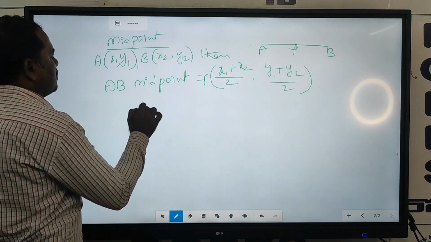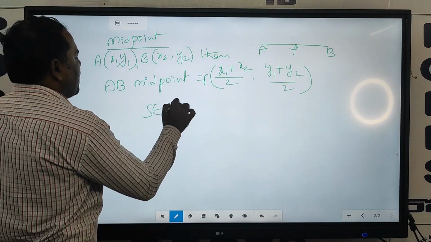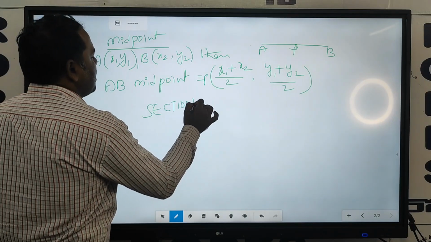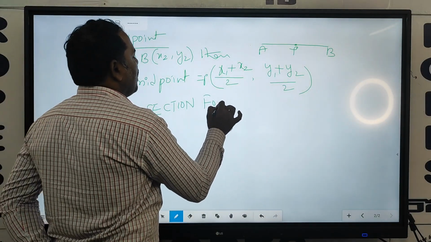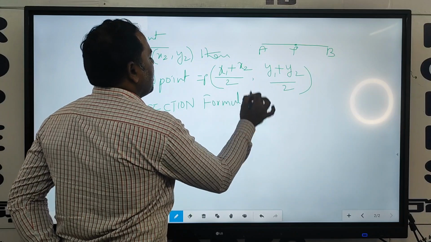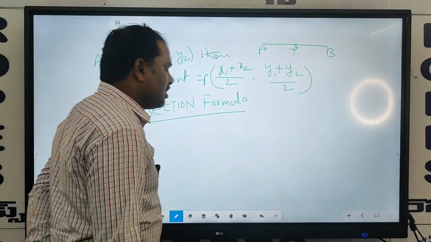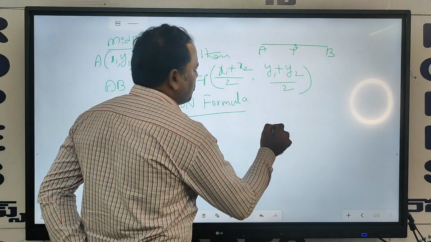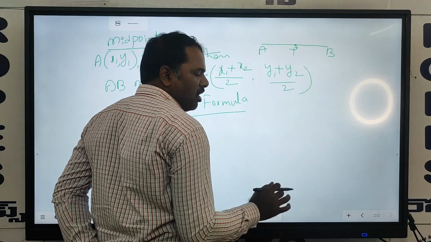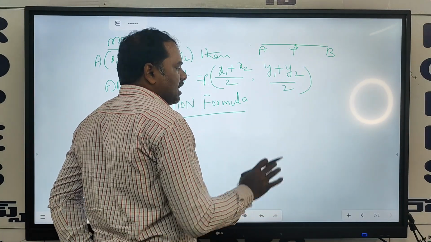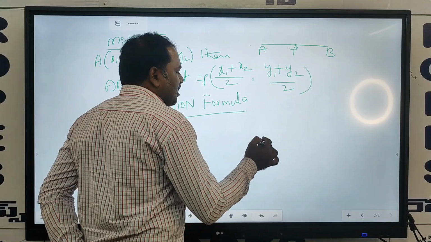Okay, right. Next, the section formula. It is very important. See here, I am doing it simply, as per the textbook that is a big diagram, now I will explain simply.